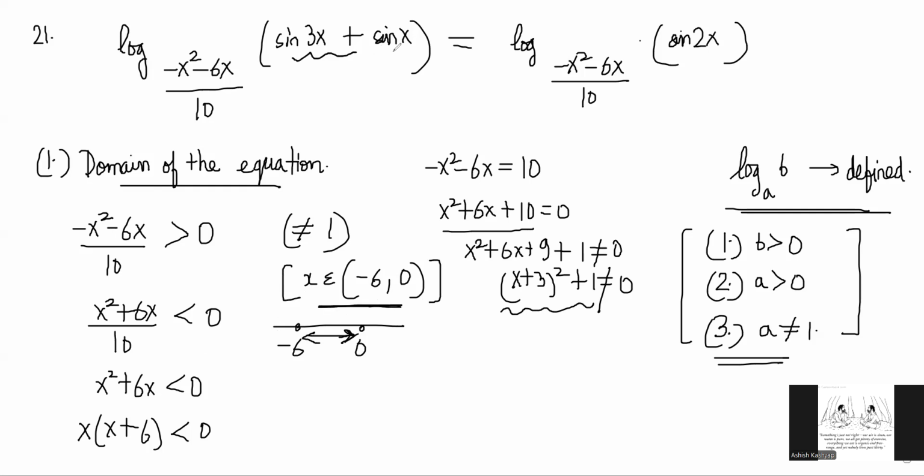Now we also have to look at this stuff. This part should be positive. This part should also be positive. Correct? Right? Yes, sir. So how do we analyze that? Sine 3x plus sine x should be greater than 0 and sine 2x should be greater than 0.